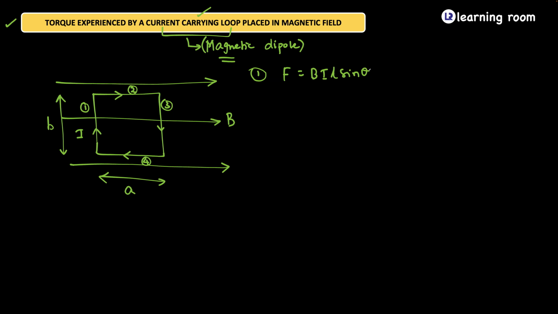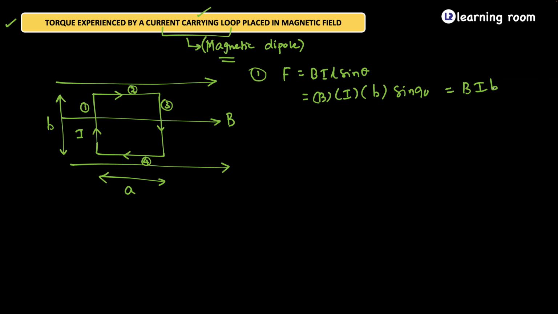So what is the value of B? It's B only. What is the value of I? It is I only. What is the value of length of this conductor? It is small b. Right. And the next question in this case is, what is the angle between I and B? It is 90. So I'll take it as sin 90, which is going to be 1. So it is going to be B into I into the small b. Right.